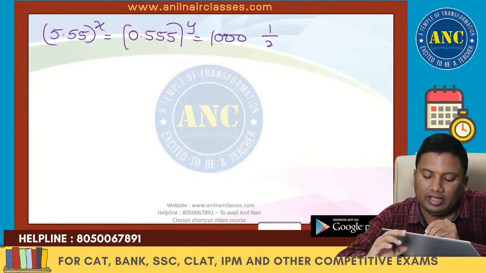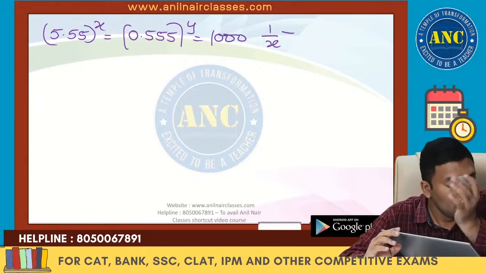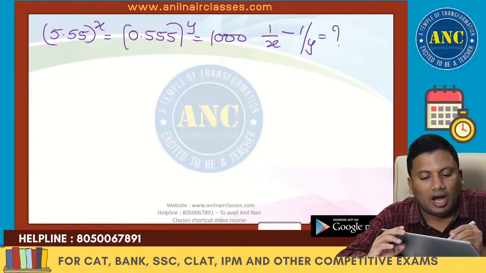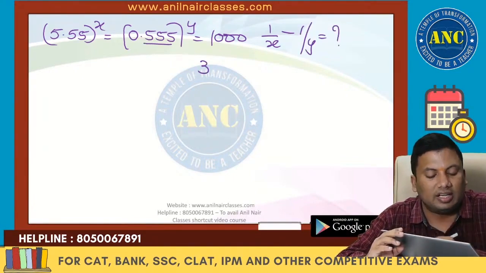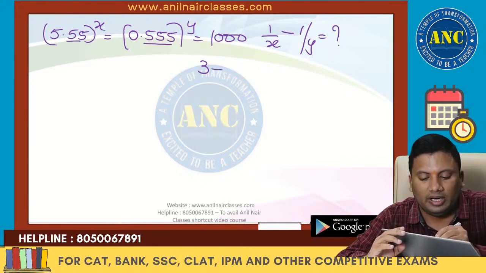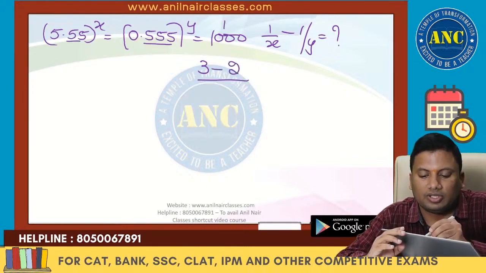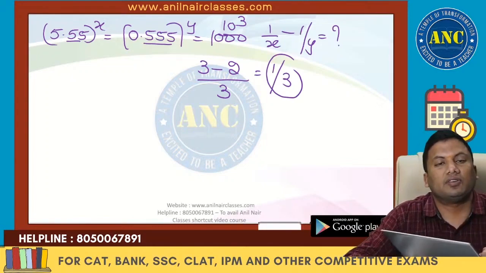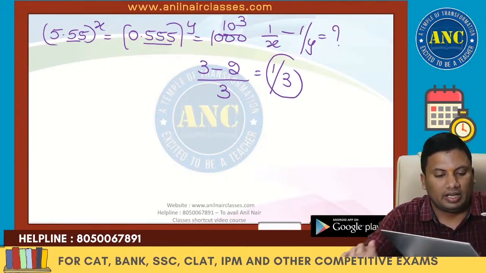Directly you can tell the answer. 1 by x minus 1 by y: after the dot, how many decimals are there? 3. After the dot, how many decimals are there? 2. 1000 is nothing but 10 cube. 3 minus 2 by 3 is 1 by 3. That is the answer we got. I hope it is clear.